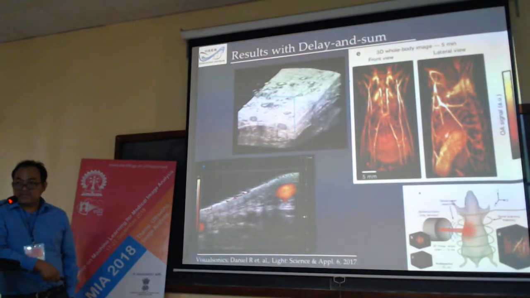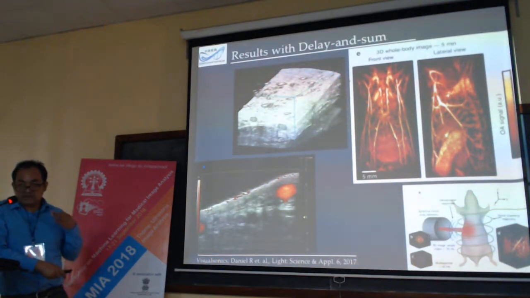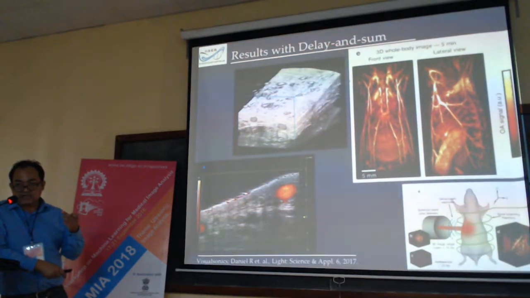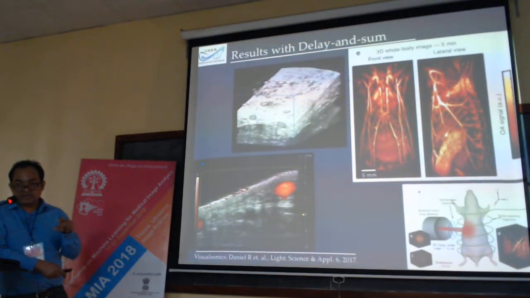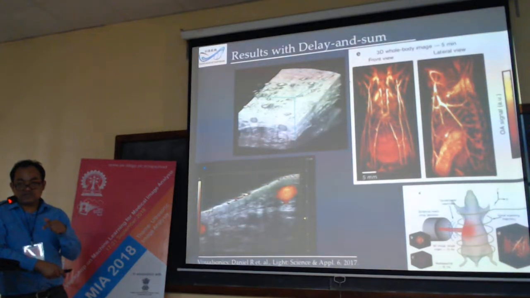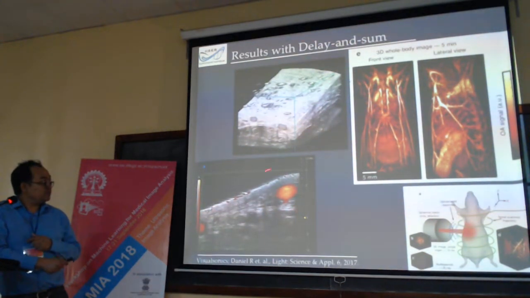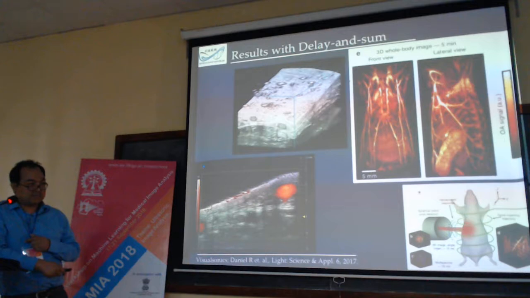How they are doing it is in a time sharing mode. They send the pulse laser and do the photoacoustic imaging. The next time they do the ultrasound imaging. So they combine together. This is the 3D image of the blood vessels.